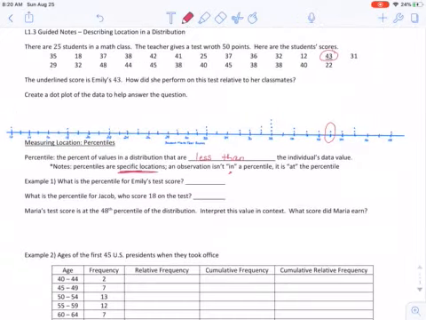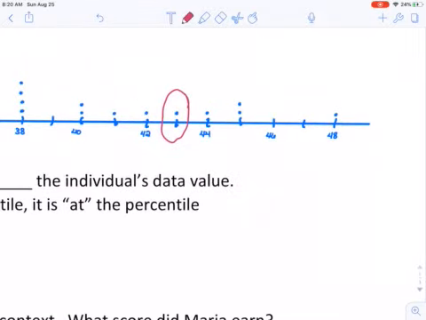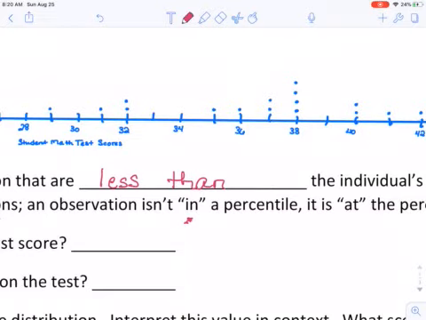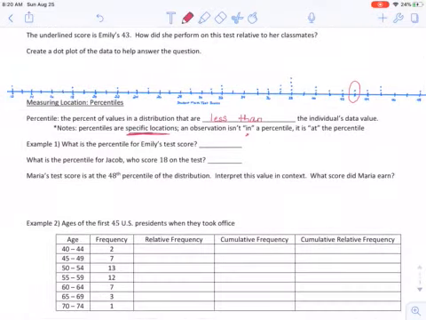I also told you that there are 25 students in this class. So Emily and everybody above would be 1, 2, 3, 4, 5 people. If there are 5 at Emily and above, that means there would be 20 dots that I'd be counting down here. I don't really want to count 20 out by myself, so I'm just going to go with the fact that I know it would be 20 out of her class of 25.